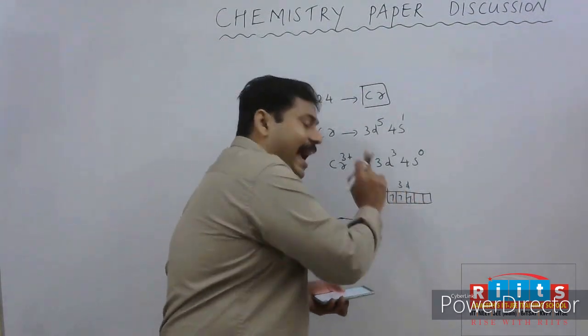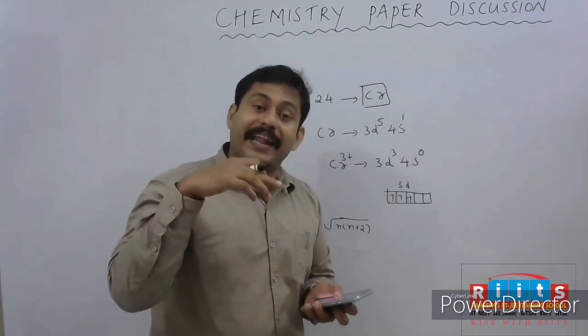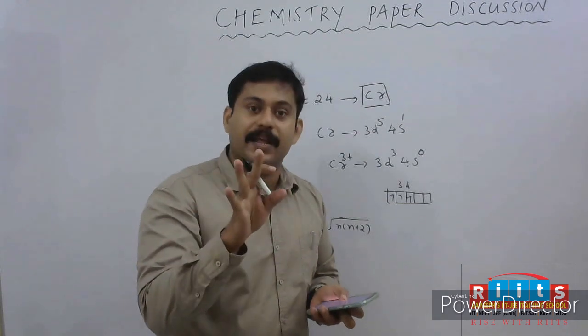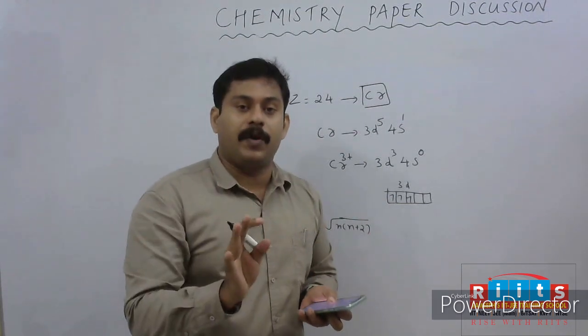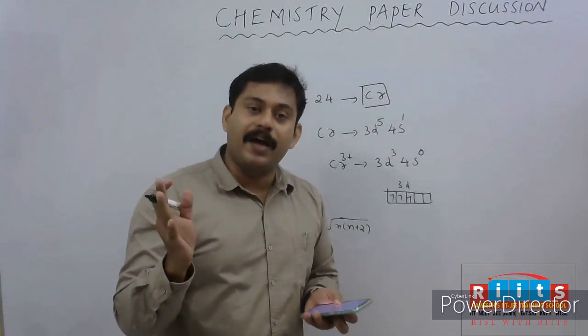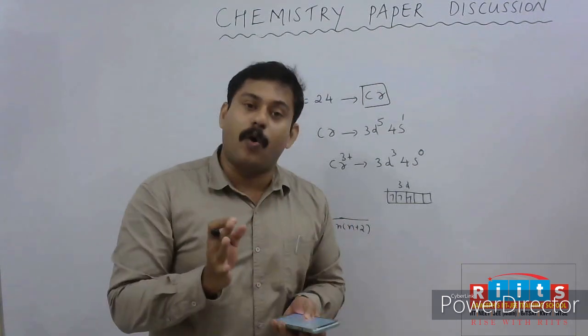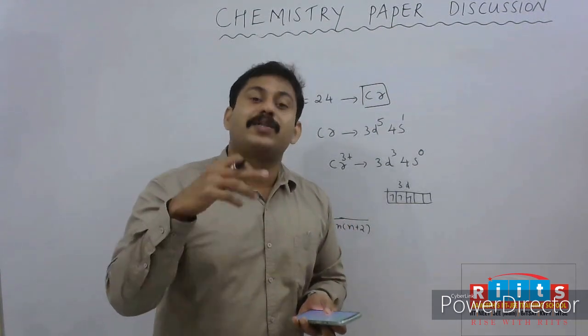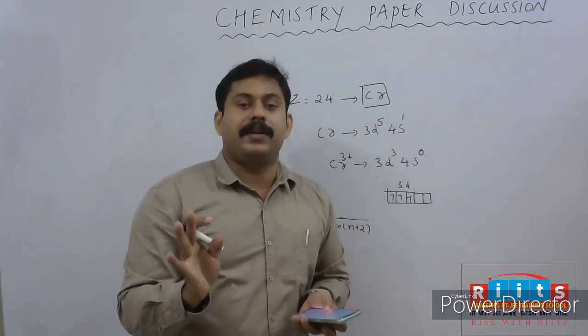For example, with 3 unpaired electrons, the next digit is 4, so the answer is close to root 16, not exactly root 16. If the unpaired electrons are 5, do not put 5 into n plus 2; the next digit is 6, so the answer will be close to root 36.